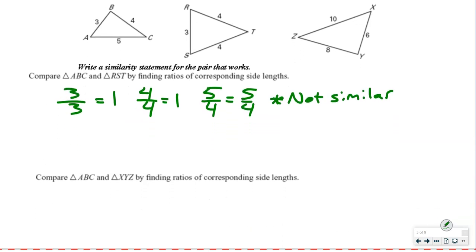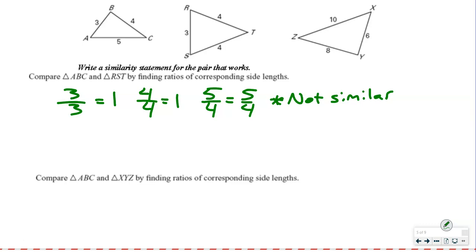So then we want to compare the other triangle, XYZ. I look at my smallest side length on ABC, which is 3. Compare that to the smallest side length on XYZ, which is 6. Simplifies to 1/2. Then our middle side length on ABC is 4.